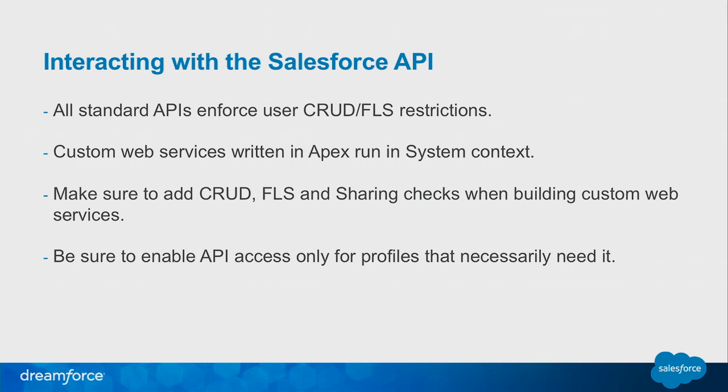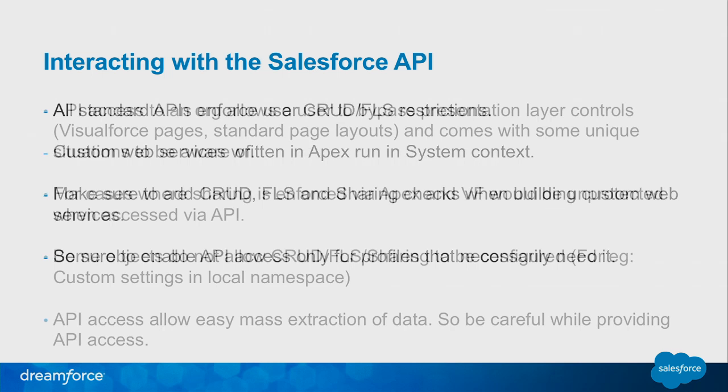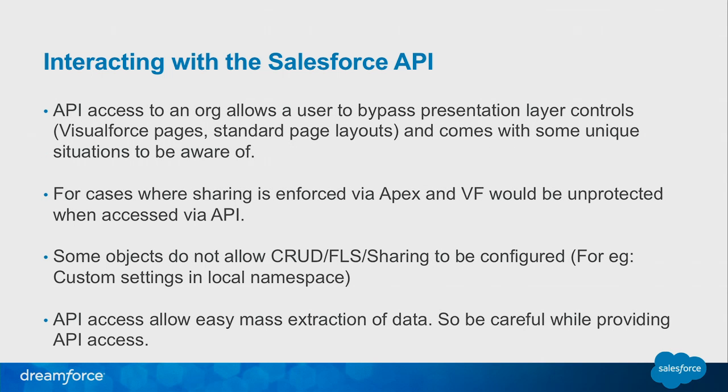And make sure that you enable API access only for profiles that necessarily need it, because you want to give API access only to users that you expect to ever use the API. For example, if you're writing an access check on the Visualforce page level, so any access check on the presentation layer, then API access to that org will bypass that check, because now there's no presentation layer.